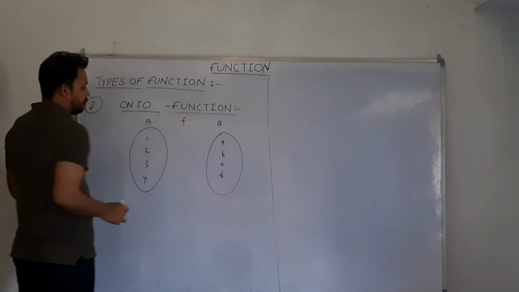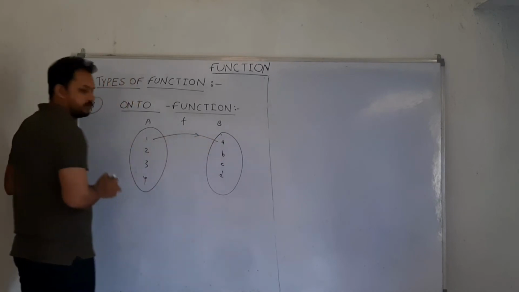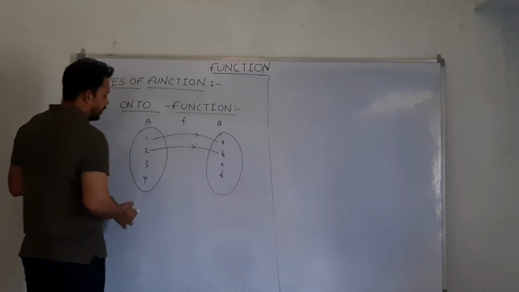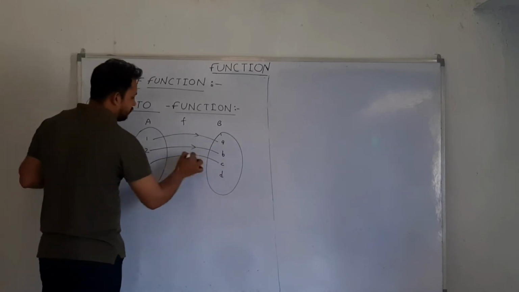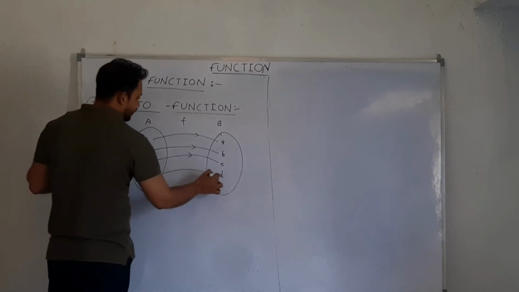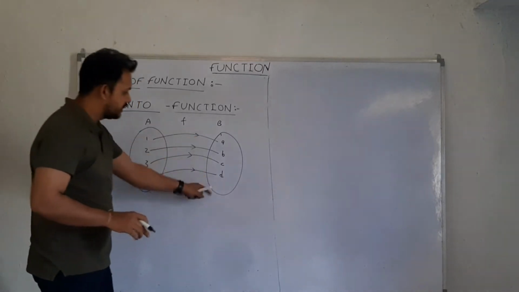Now we have a function f. By putting 1 in the function, we will get A. By putting 2 in the function, we will get B. By putting 3 in the function, we will get C. By putting 4 in the function, we will get D. Now, what can we see here?